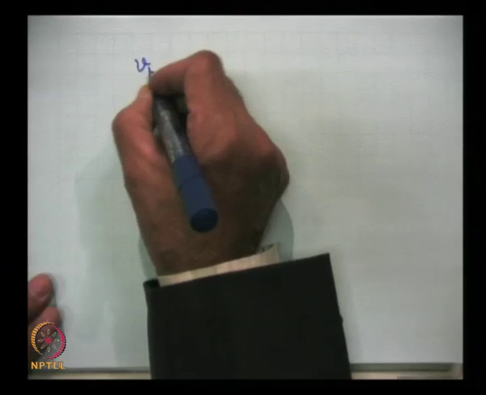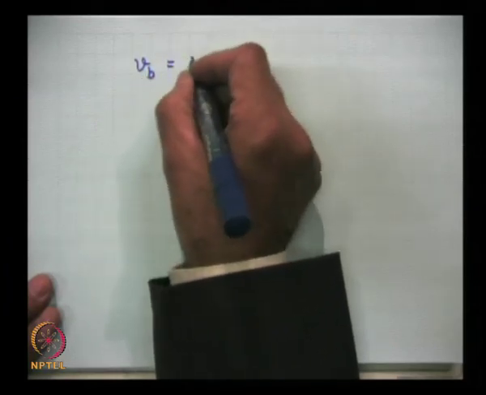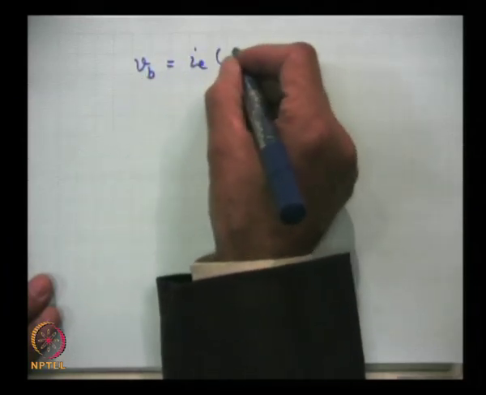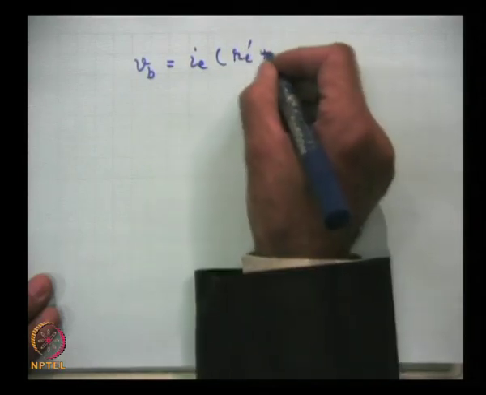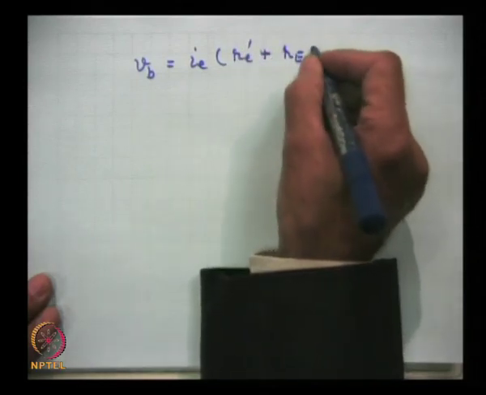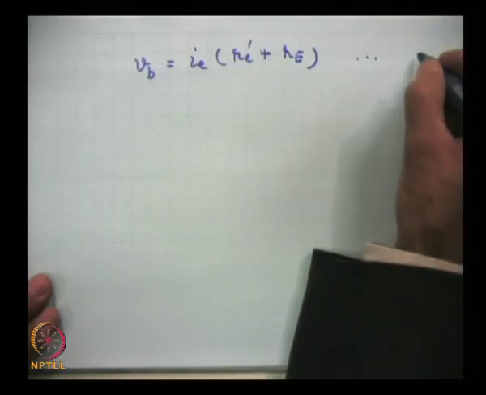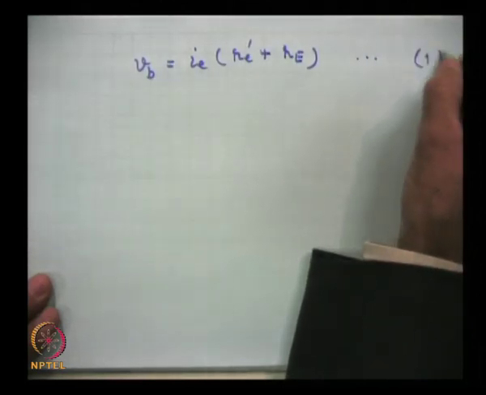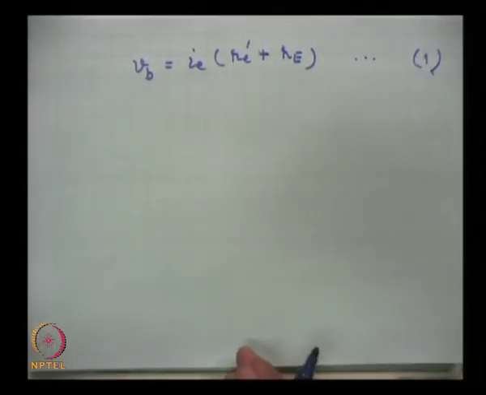So, these equations are Vb, which is Ie into Re prime plus Re. Let us call this equation 1. What is this Vb?